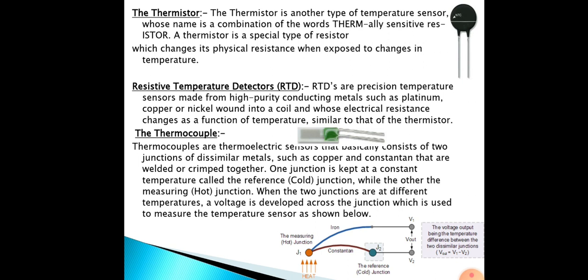The next one is resistive temperature detectors, RTDs. They are precision temperature sensors made from high purity conducting metals such as platinum, copper, nickel wound into a coil whose electrical resistance changes according to the fluctuation in the temperature.